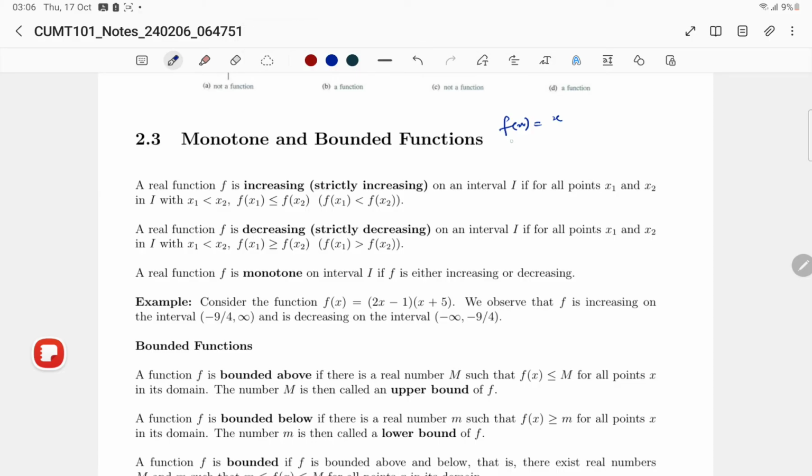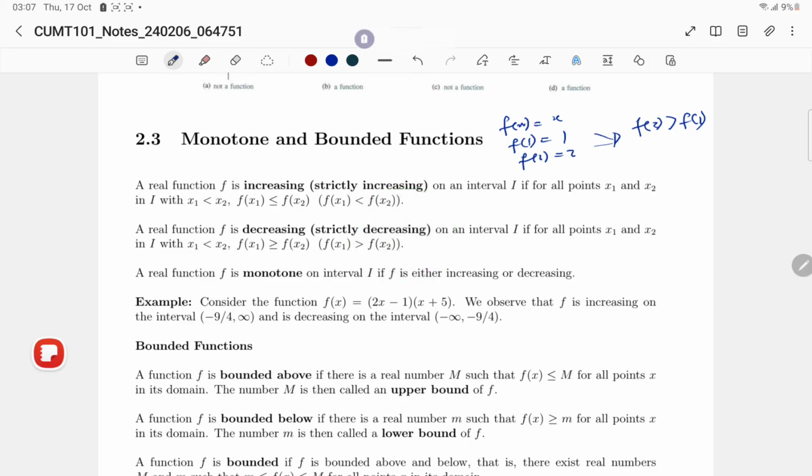You can see that f of 1 is equal to 1 and f of 2 is equal to 2. So it implies that this one is strictly increasing, because f of 2 is greater than f of 1.